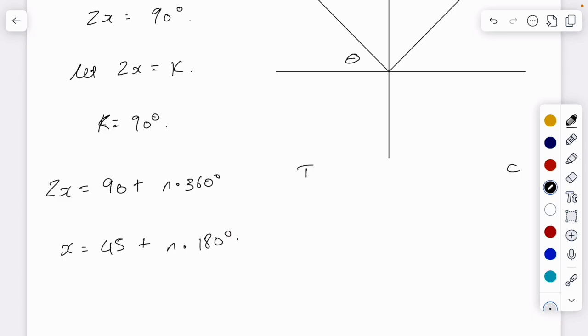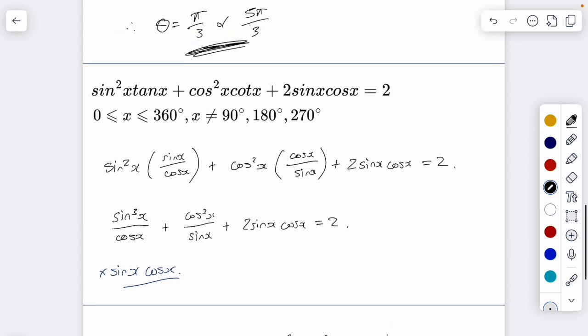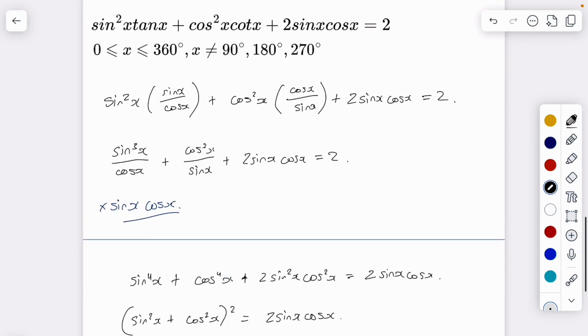Now, in terms of the bounds here, what you can work with: x is equal to 45 plus n times 180.